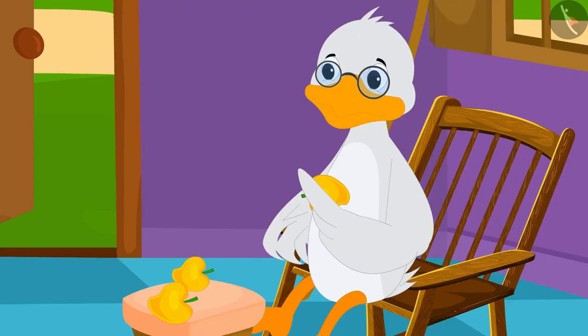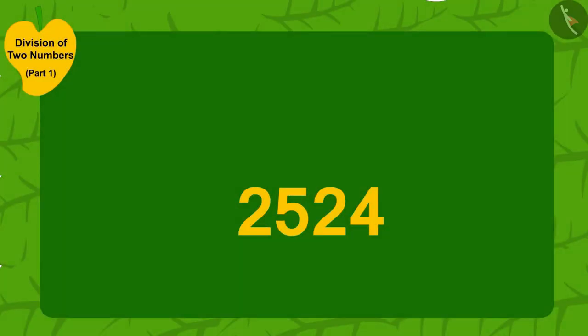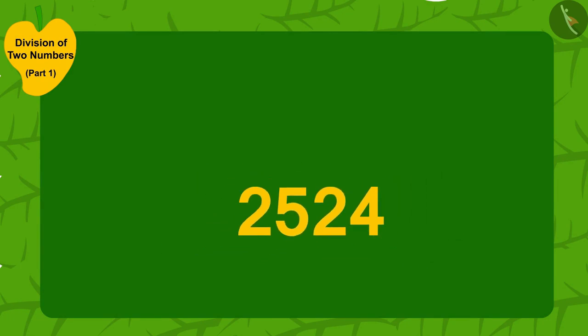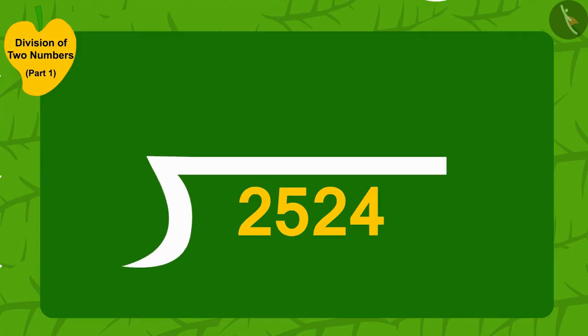Children, if Barbole uncle had 2,524 mangoes, could you use the same process of division learned now to find out how many villagers he would be able to distribute 4 mangoes each to?